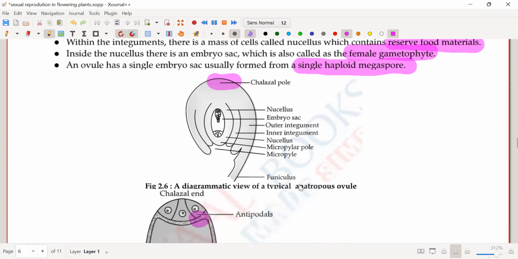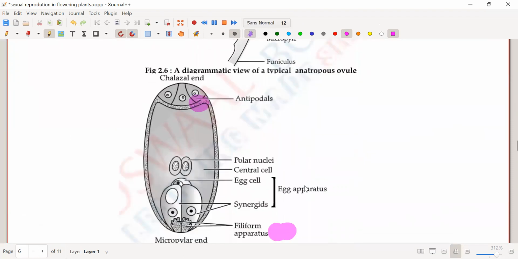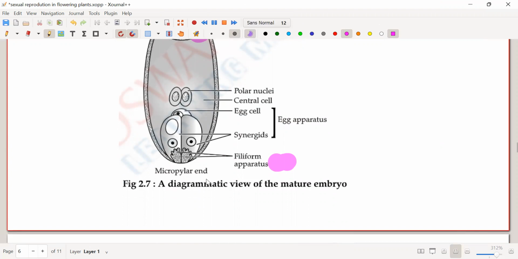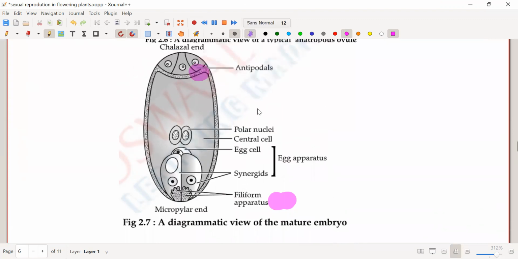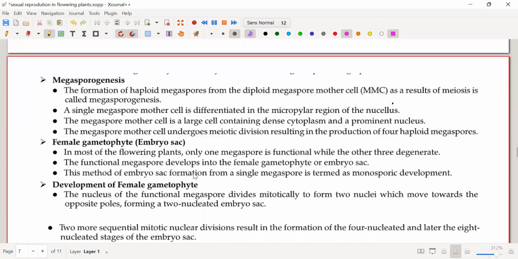From a single haploid megaspore, there will be divisions which form 8 nuclei: 3 at one end, 2 combining to form the central cell, and 2 synergids and the egg cell at the other end.